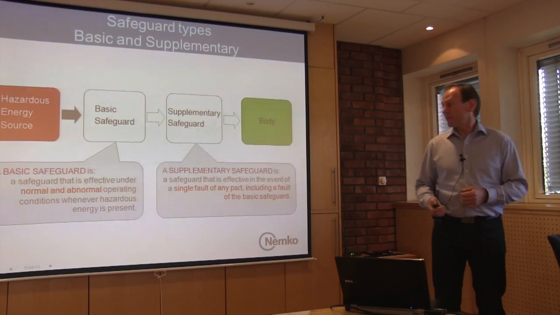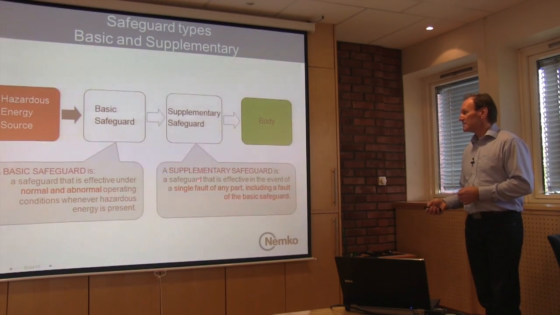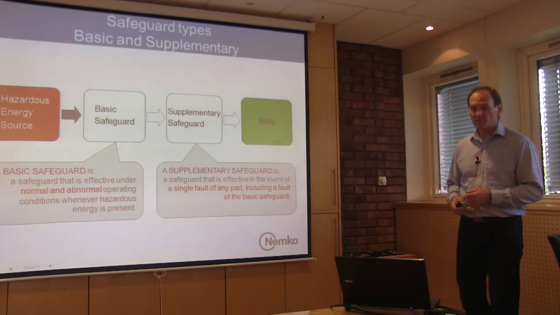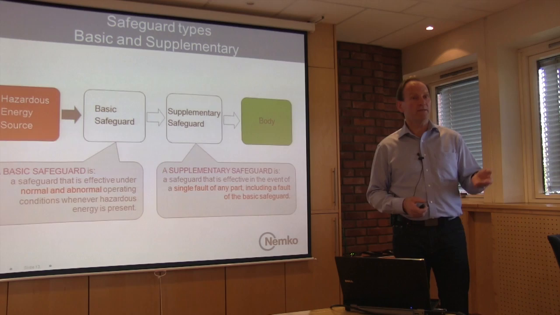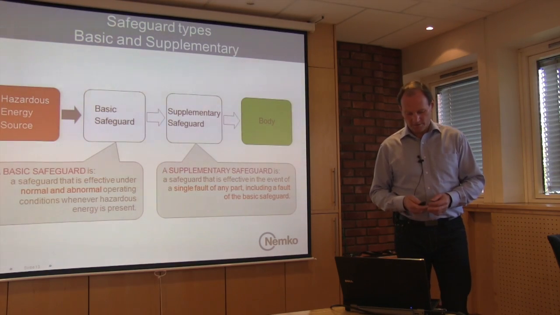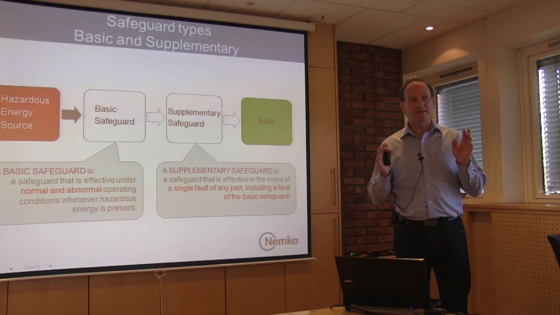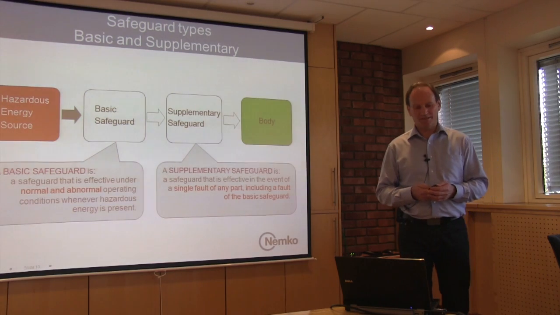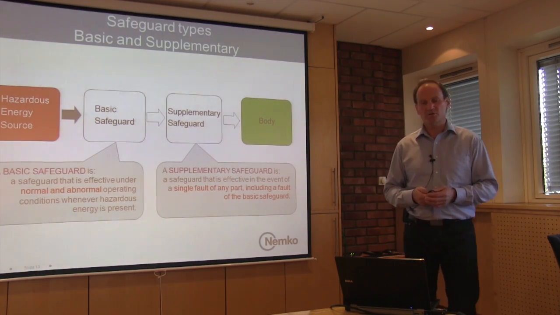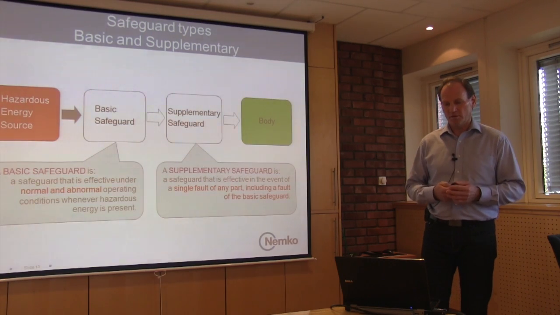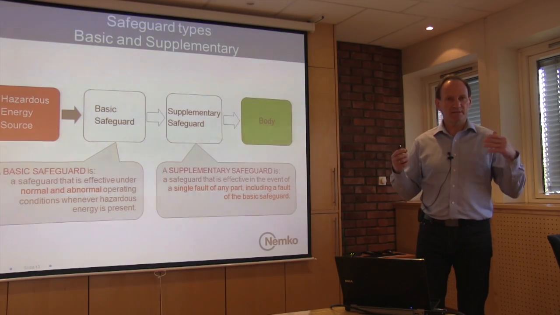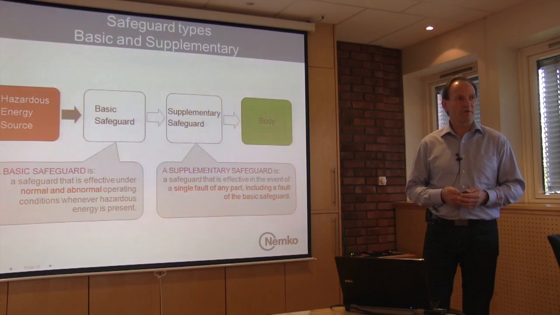And the supplementary safeguard shall be effective in the event of a single fault of any part, including a fault of the basic safeguard. So that's a principle we know from today. It's just maybe some new wordings. And you see the concept, it's not so difficult, it's just important to go through the 3-block model and to understand the concept behind this standard before applying.